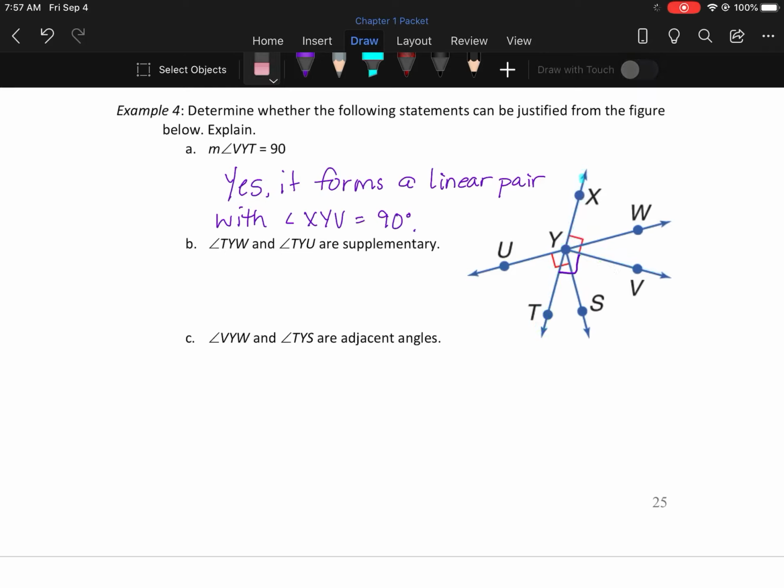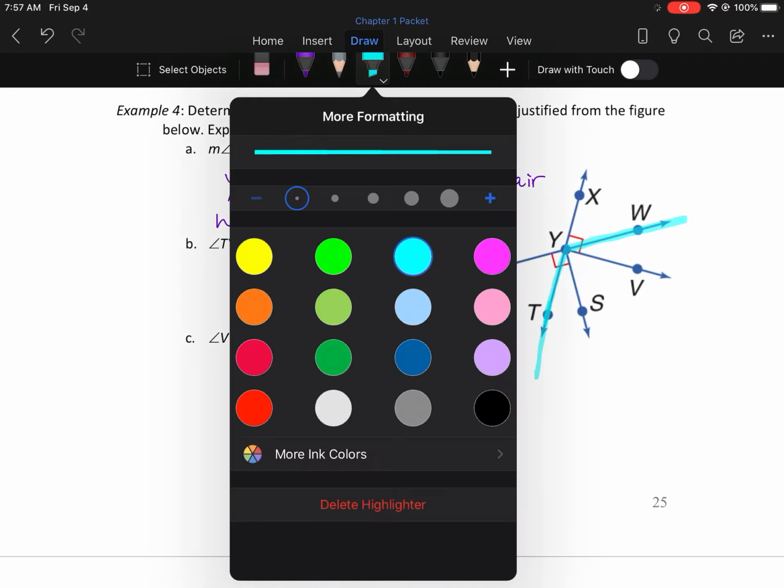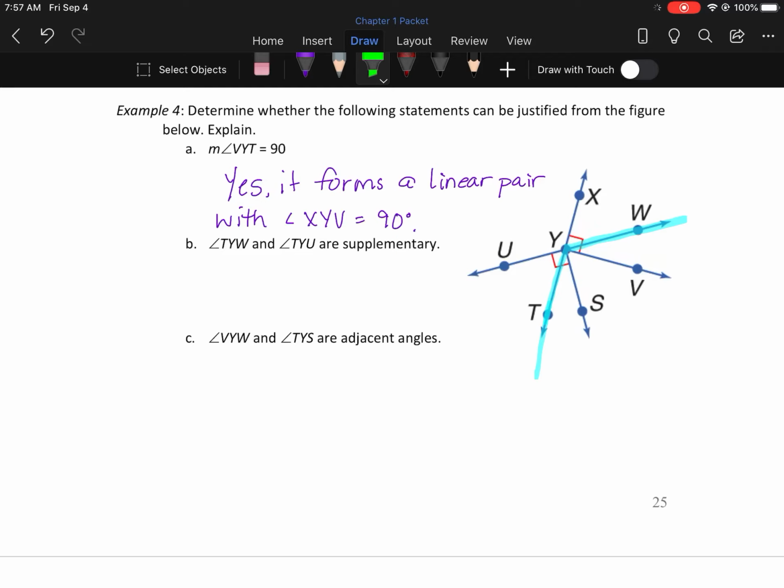Part B, let's erase all these lines. They're probably going to talk about different angles. It says TYW and TYU are supplementary. So this angle here and this angle there, just to make it a little more clear.